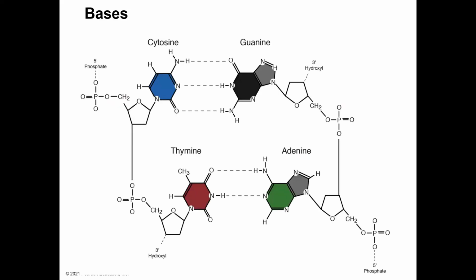Here are the four common nucleotides that will form DNA. You have cytosine and thymine as the pyrimidines, and guanine and adenine as the purines.